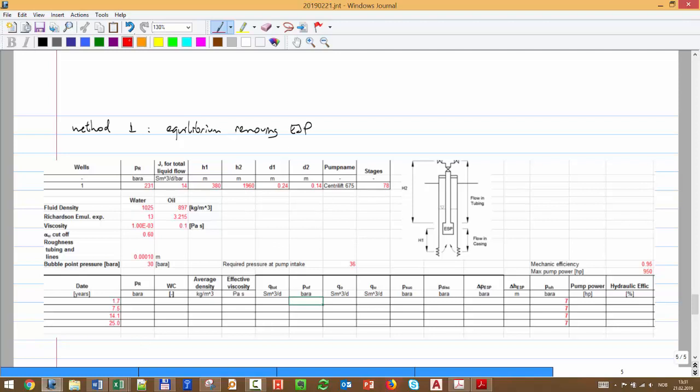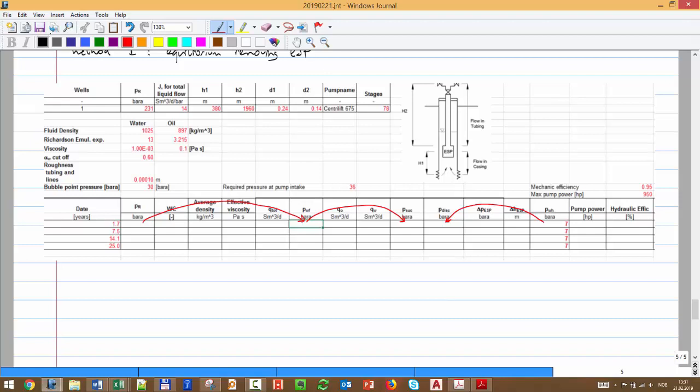So we go from reservoir pressure to bottom hole pressure to suction pressure, and then we go from wellhead pressure all the way to discharge pressure, and then we calculate.